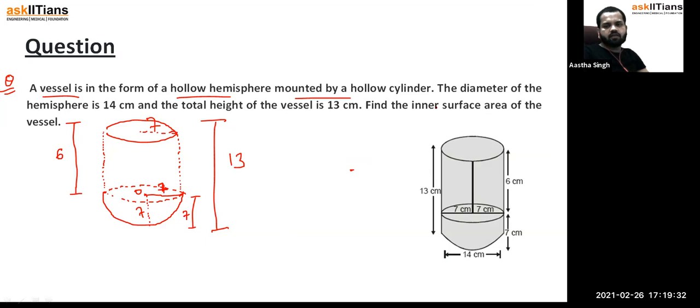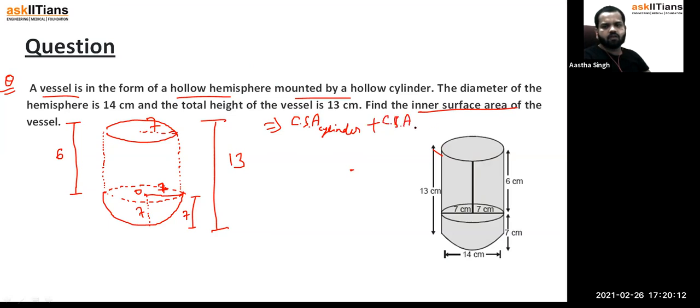So inner surface area of the vessel will be equal to what? Whenever you are told to find out the curved surface area or total surface area of the combination of solids or remaining of the solid, just try to imagine that you have to do a paint on the vessel, right? So if you have to paint the inner surface area, you will use your curved surface area of cylinder plus curved surface area of what?